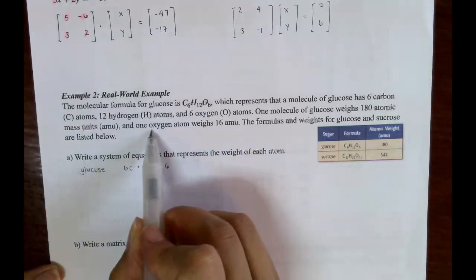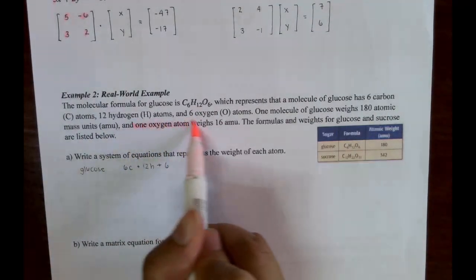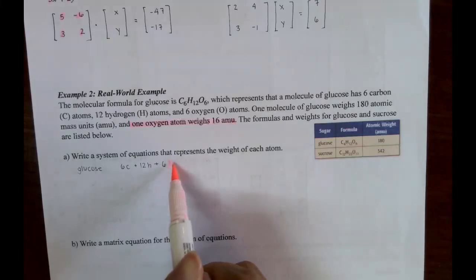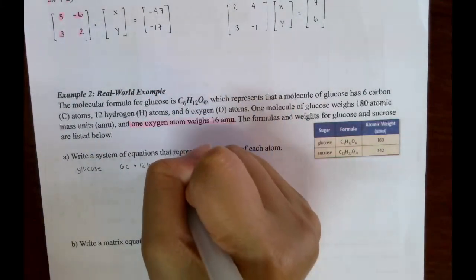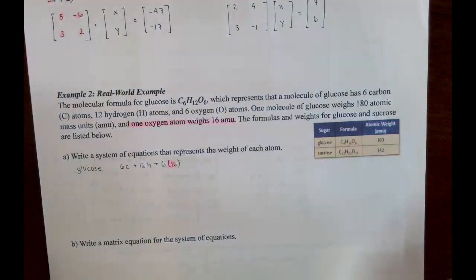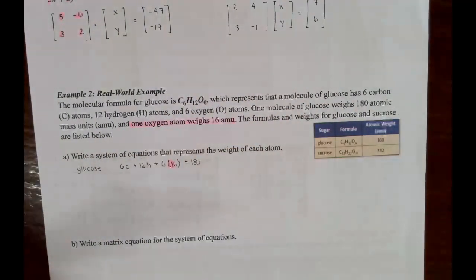However, we know that an oxygen atom weighs 16 AMU, so I can replace this here. Instead of an O, I know it weighs 16 atomic mass units, and that equals a total of 180 atomic mass units.